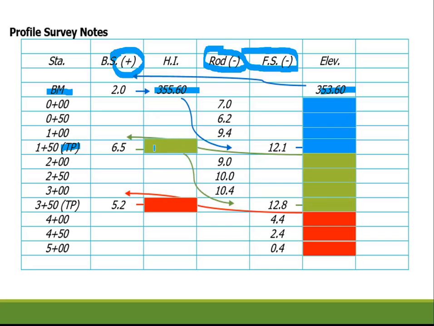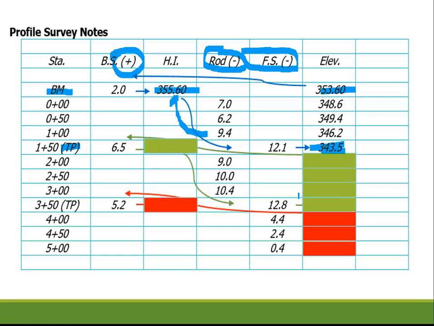So these ones in between, we simply go through and subtract 7 from 355.6, or 6.2 from 355.6, or 9.4 from it. So all of these are subtracting away from that height of instrument. Just the same, 12.1 is subtracted from the height of instrument to give us the elevation at that turning point.